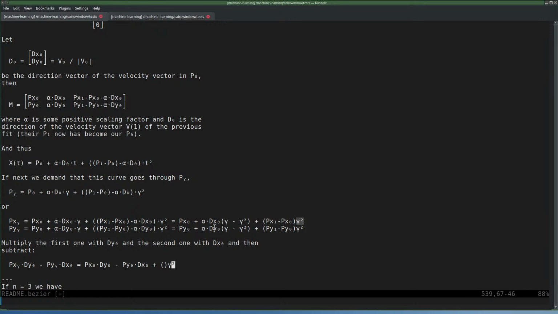All this drops out, subtract that, right? So multiply this with dy0. This one times dx0, therefore they become equal, subtract, gone. And here we have this times dy0.